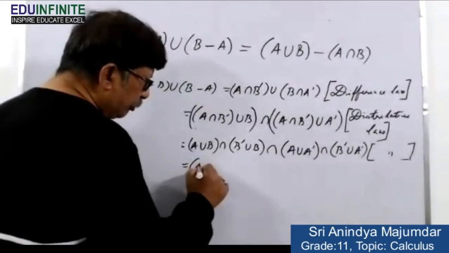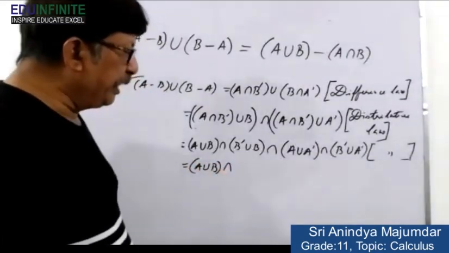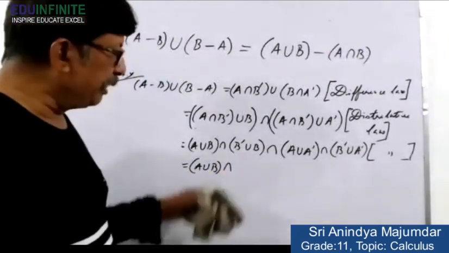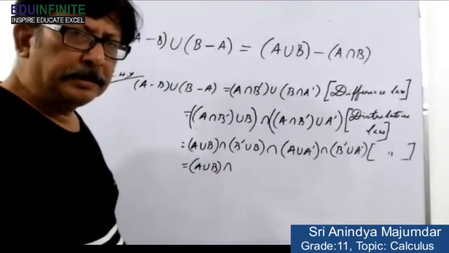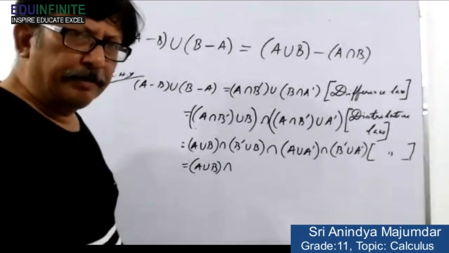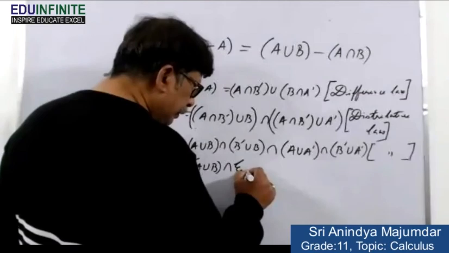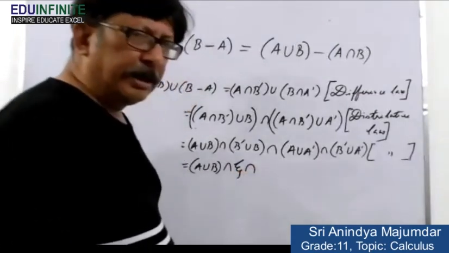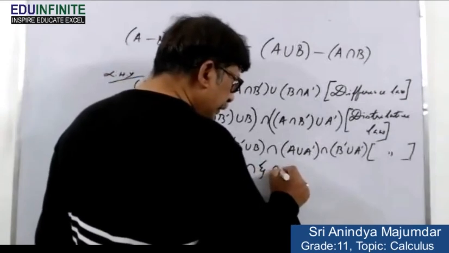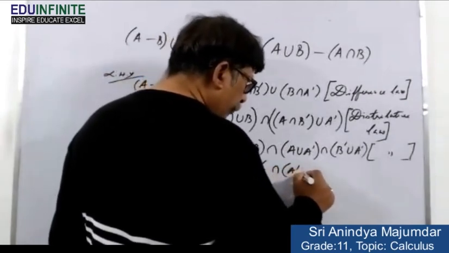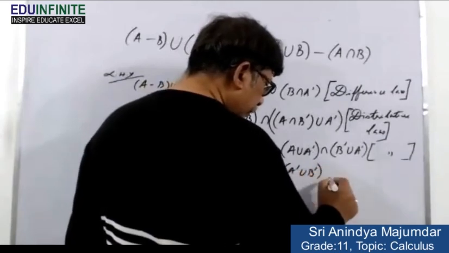A union B, nothing to do. Intersection B union B complement, or B complement union B. What is that? B complement union universal set xi. Intersection A union A complement, xi. Intersection A complement union B complement.